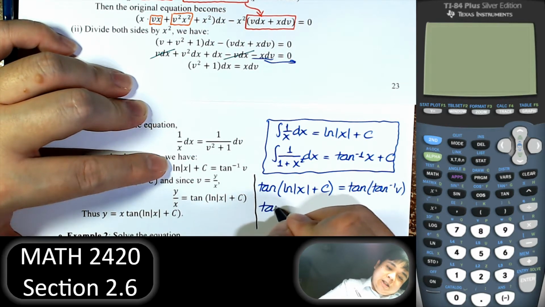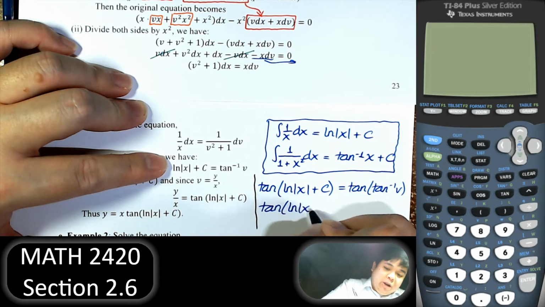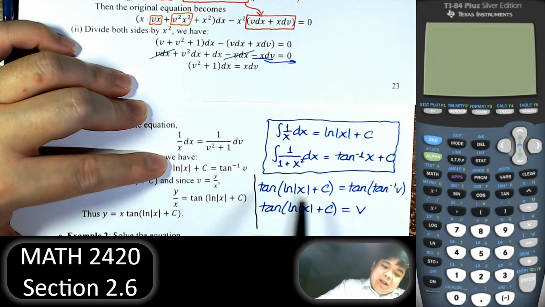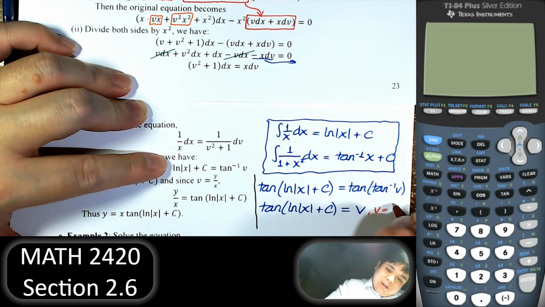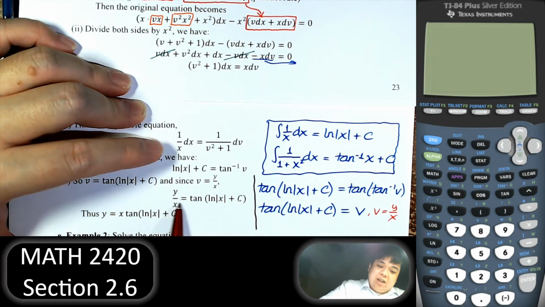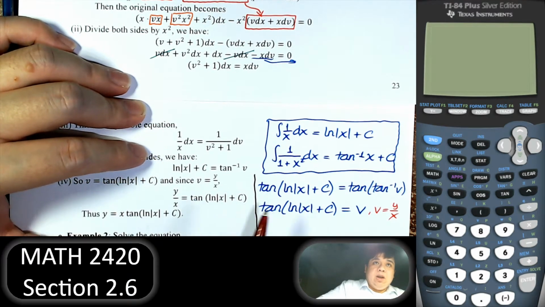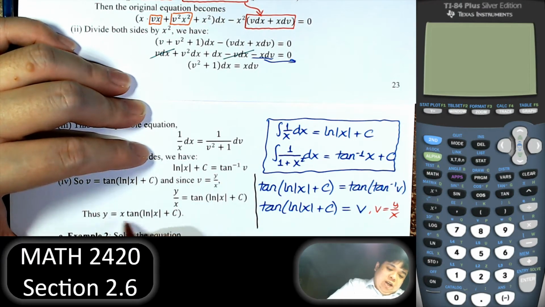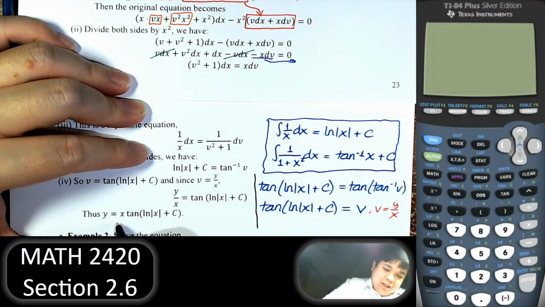We have tangent of ln absolute value of x plus c equal to v, and v is y over x. So I substitute that in here, and this is the equation that we have. Multiply the x over, and we have the solution here.